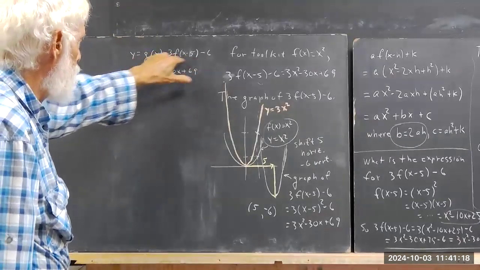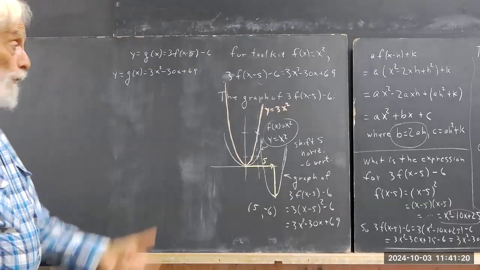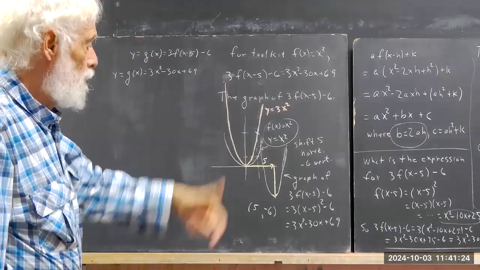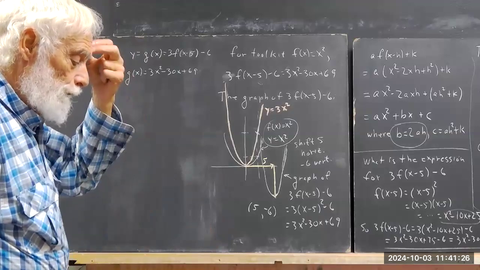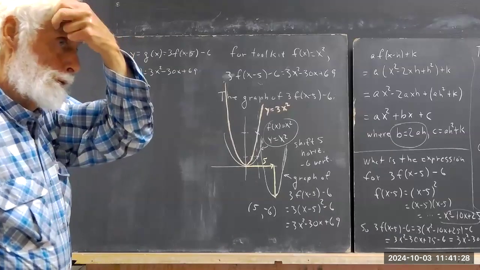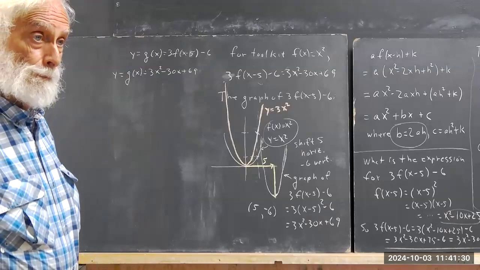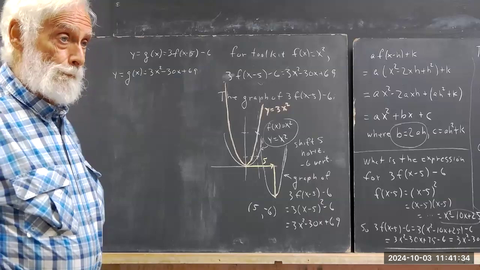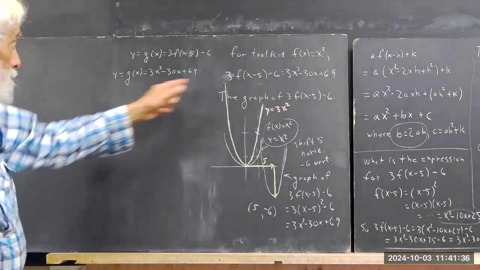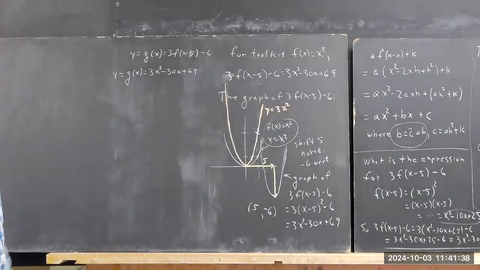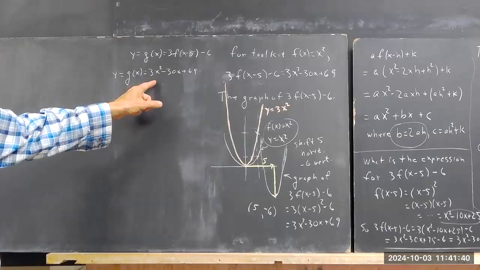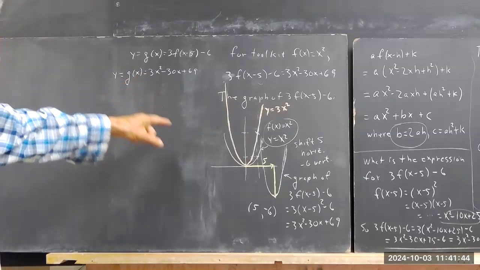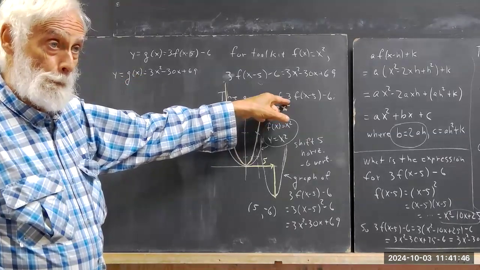How would you figure this out? If you didn't already know that it was f of x minus 5 minus 6. If you didn't know what the horizontal and vertical shifts are and the vertical stretch. Well, the vertical stretch is 3. Where do you see 3? Here. 3 is multiplied by x squared. You inherited this 3 from the 3 here.